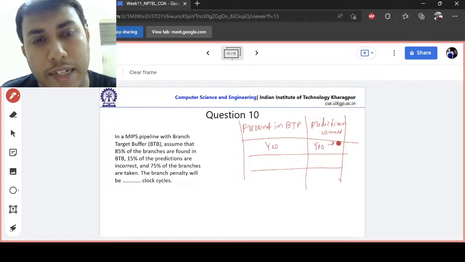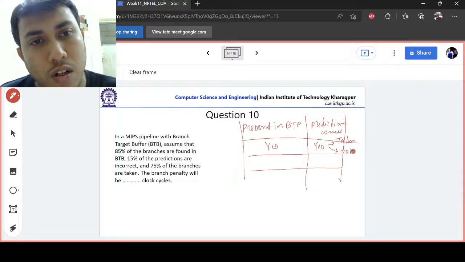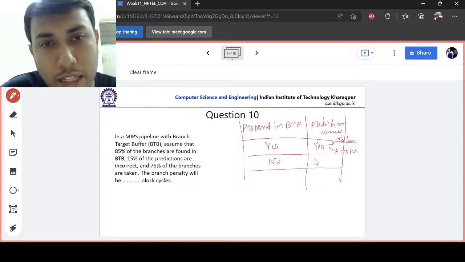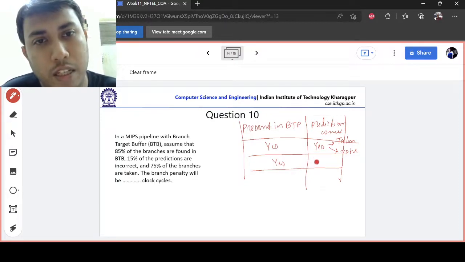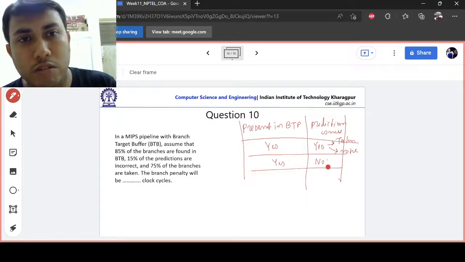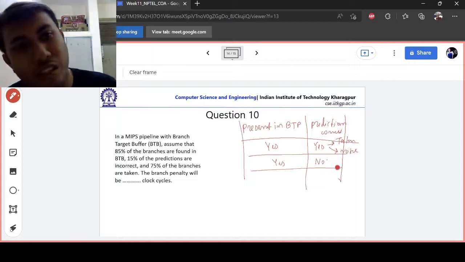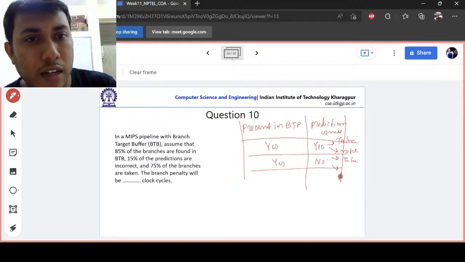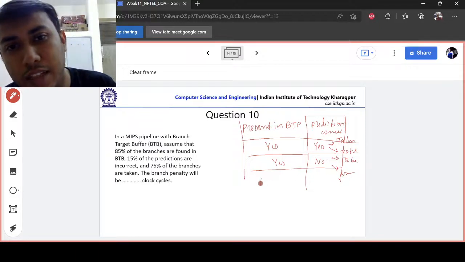So it can take two steps, either it will be a taken branch or it will be a non taken branch. Present in BTB, no. Another case will be present in BTB, yes, and the prediction correct is false. So that will be another case. Again, that will have a case of taken and non taken, and then the third case where it is not present in the BTB.